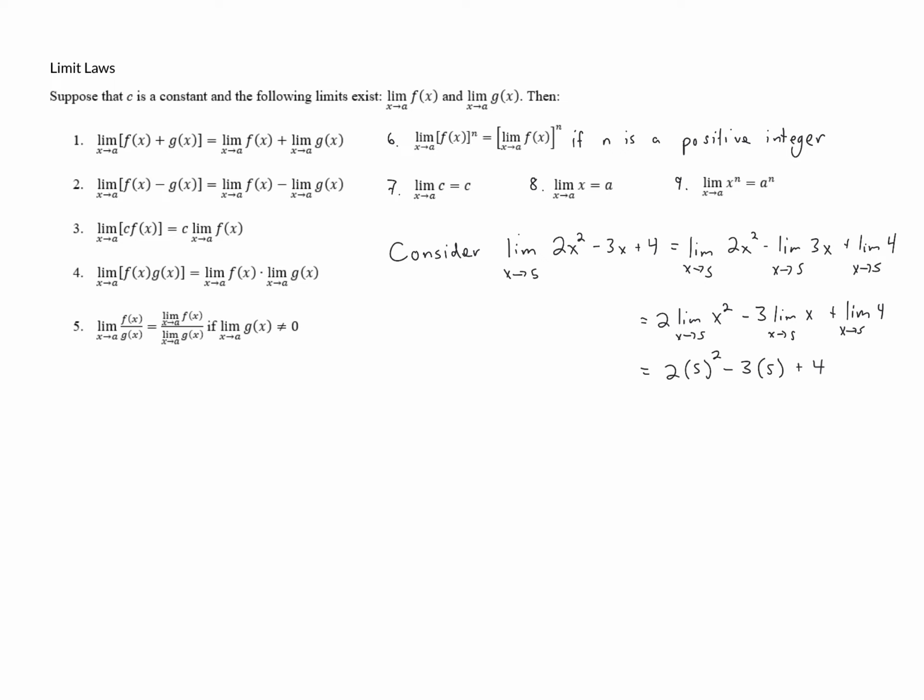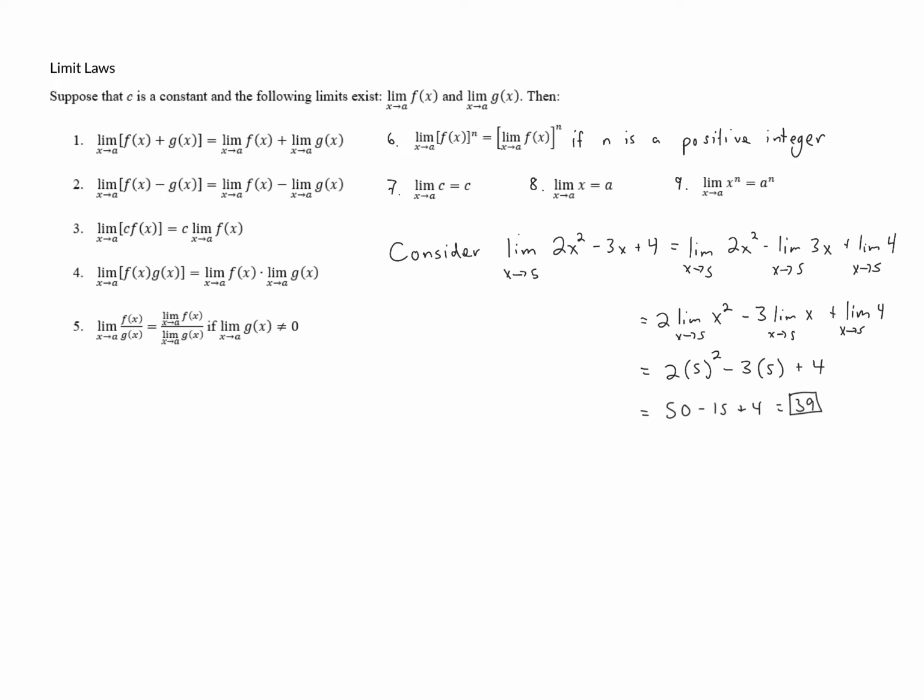And what we can see here is that we have effectively just taken the polynomial and plugged in 5 where x goes, and we just need to evaluate that. 5 squared is 25, 2 times 25 is 50, minus 15 plus 4. 50 minus 15 is 35, plus 4 is 39.